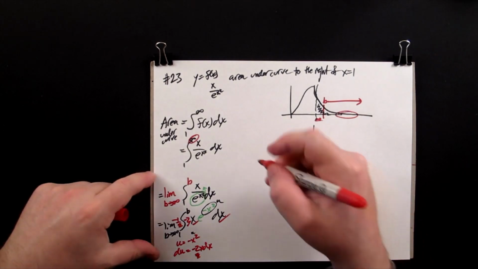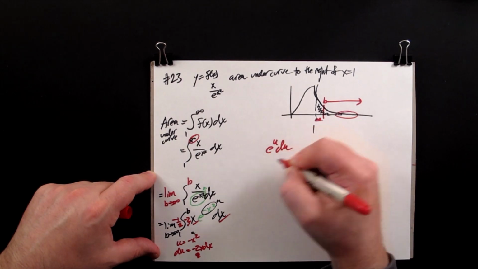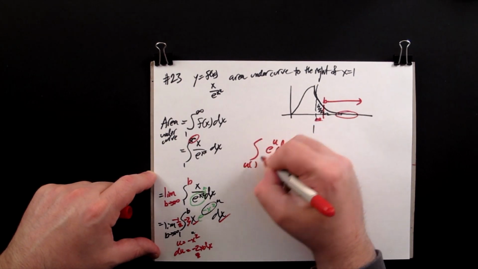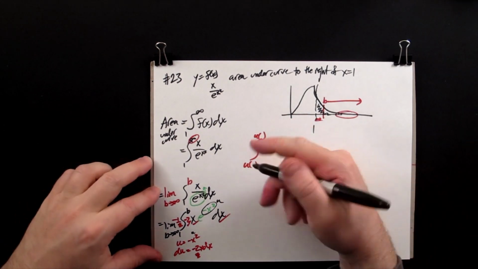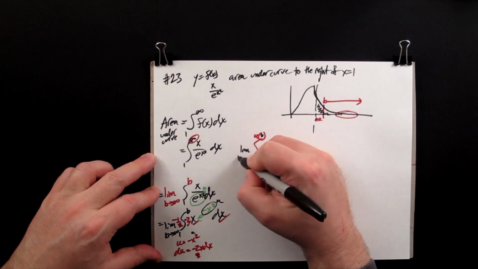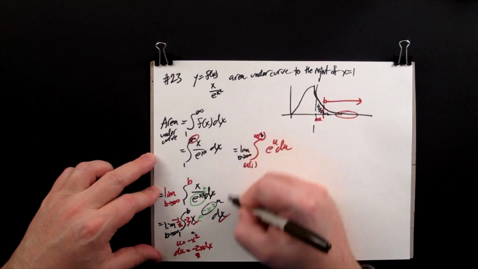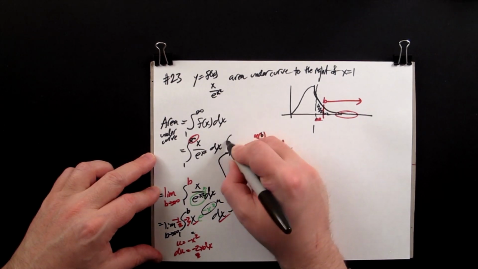So this will end up being e to the u du, and we have u of whatever these bounds are. So u of 1 and u of b, and we still have this limit as b goes to infinity. So after u sub.